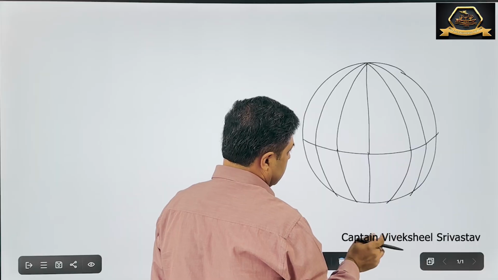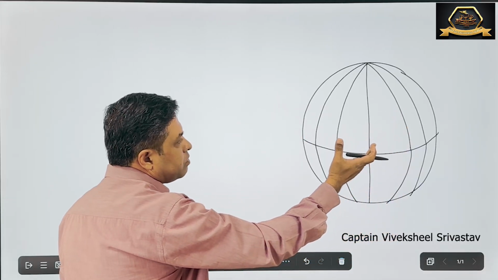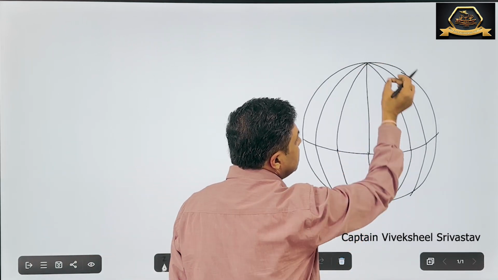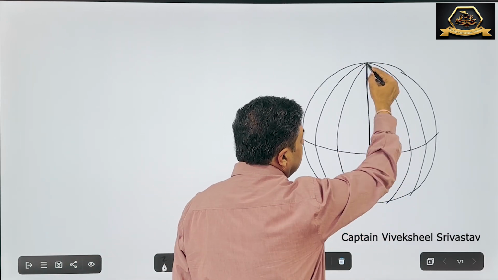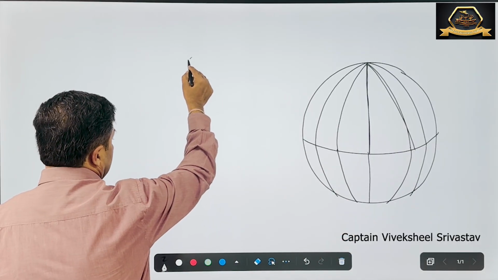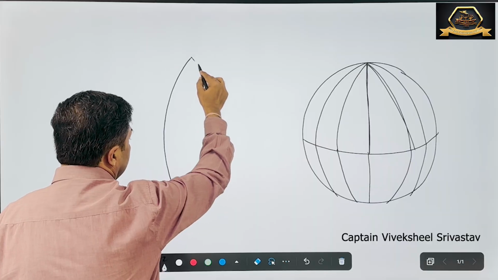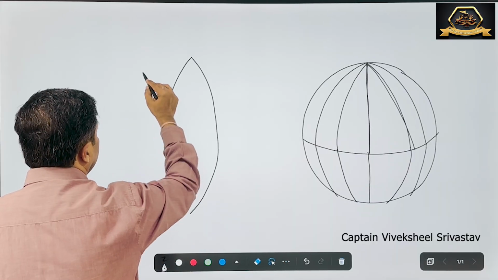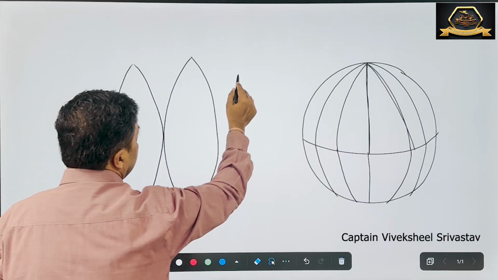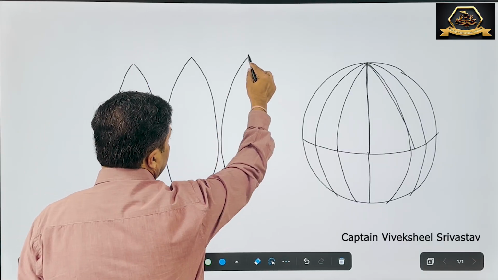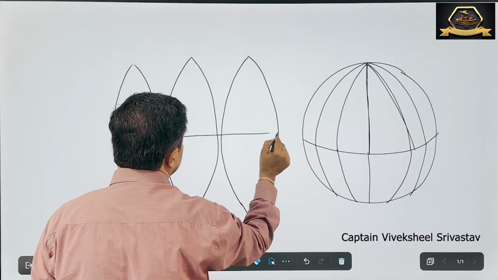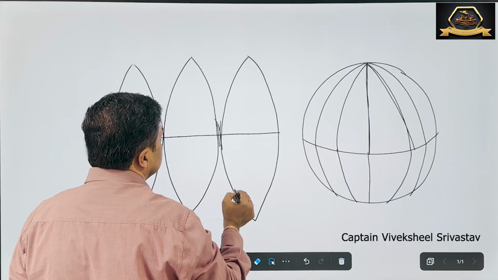Anyways, now if we try to peel off these sheets of paper from the globe and try to put it on a screen, how will they come? They will be coming somewhat like this, with the equator over here. Now this is touching.